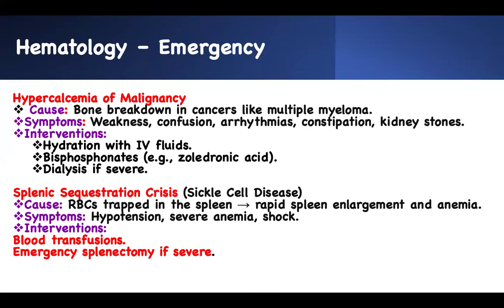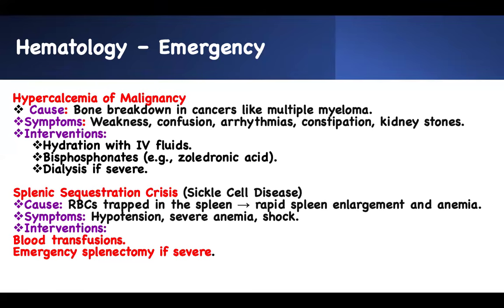Hypercalcemia is very common in cancer patients, especially multiple myeloma, and you have to know how to manage it. What is your treatment for hypercalcemia? How would they present? They're going to be weak. They're going to be confused. They're going to be depressed. These are classic symptoms of hypercalcemia. Like bones, moans, groans: weakness, confusion, arrhythmia, constipation, kidney stones.